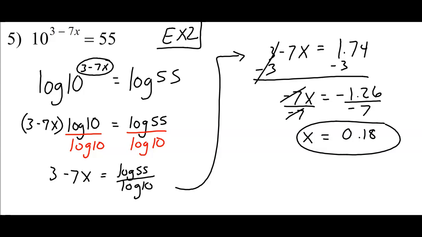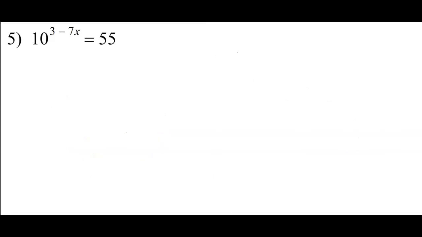Log both sides, move the power to the front, divide. It's just that after that you still have to solve for x by doing some basic algebra. Feel free to use your calculators because they will be some weird numbers. All right, I think it's your turn. So go ahead and give that one a try. I'll pause there and let you guys try that one real quick.